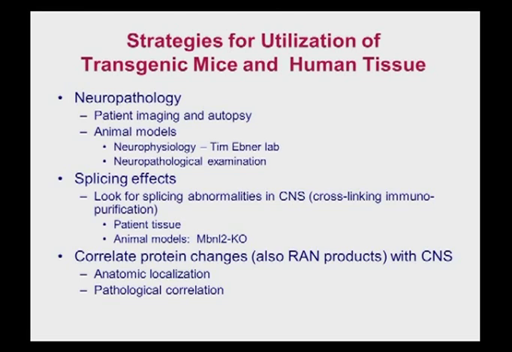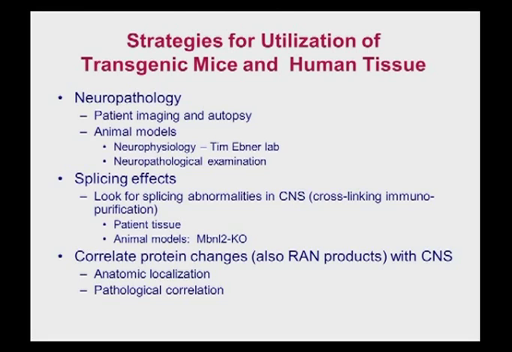The role that Tim and I play is, Tim's primarily involved in looking at the animal models, and he's doing neurophysiological studies to complement some of the findings that are seen behaviorally. I'm involved in the neuropath examination of animal models, as well as continuing to look at all the human patients that come through. Hopefully, once we get a better handle on some of the splicing targets, we can focus our examination on certain protein localizations.